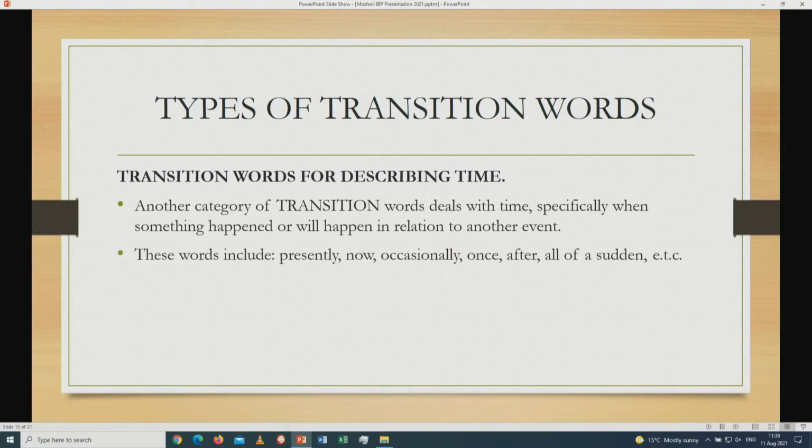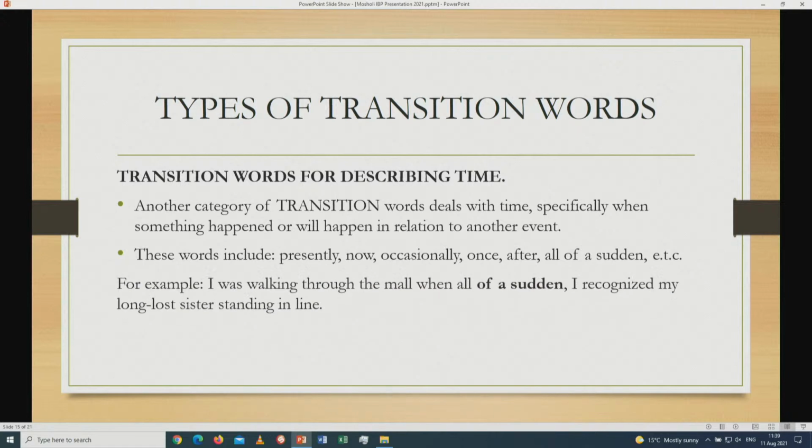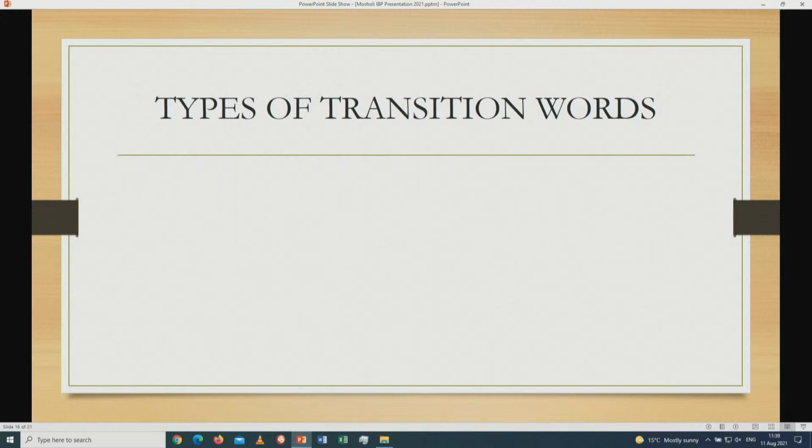These words include presently, now, occasionally, once, after, all of a sudden, etc. For example, I was walking through the mall when all of a sudden I recognized my long-lost sister standing in line. I'd love to hang out at the office shop after work.